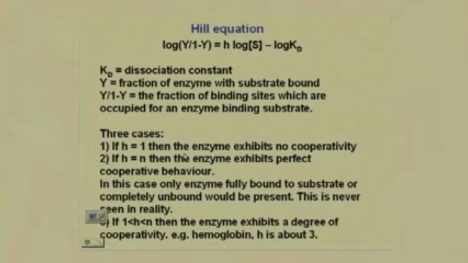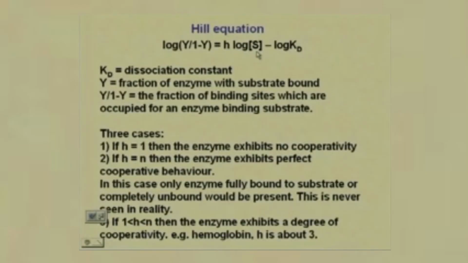Now this is what is called a Hill equation. What we have here, if we look at the expression, is log of Y divided by 1 minus Y. What is Y? Y is the fraction of the enzyme with substrate bound to it. So log Y divided by 1 minus Y is equal to H, we'll see what this H means, times log S. What is S?